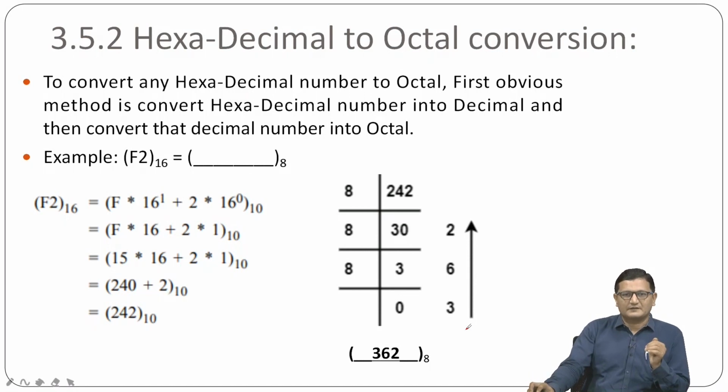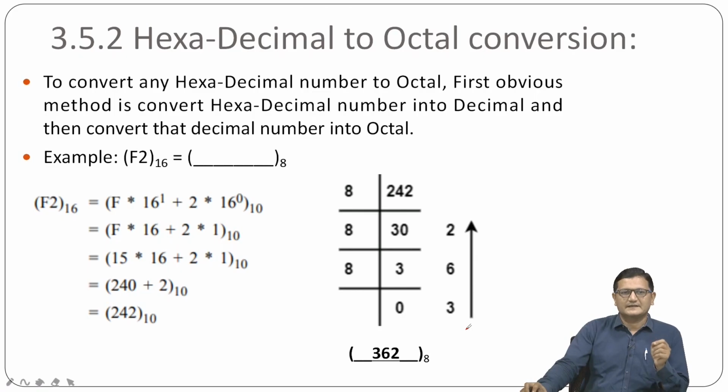Okay, so now see, here you have a number which is given, F2. We know it is a hexadecimal number, a number with 2 digits. First, we know how to convert it into the decimal form.